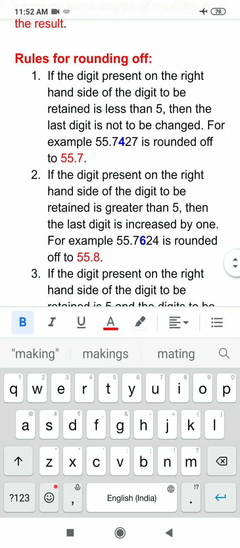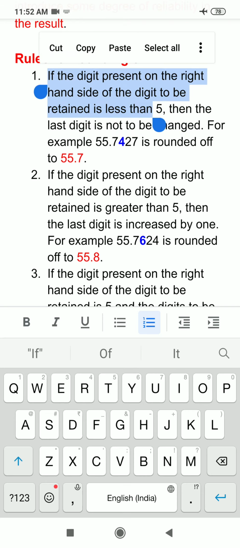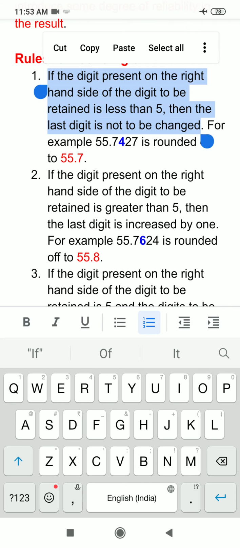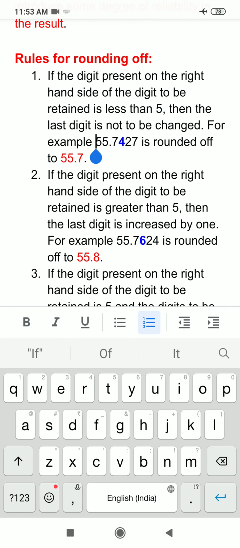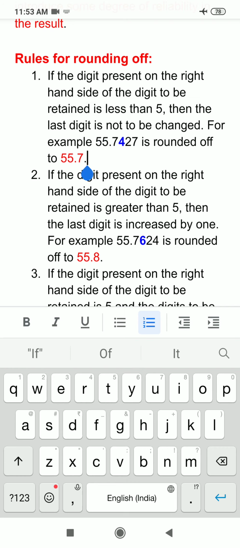So what is the first rule? If the digit present on the right hand side of the digit to be retained is less than 5, then the last digit is not to be changed. For example, I am taking the example of 55.7427.